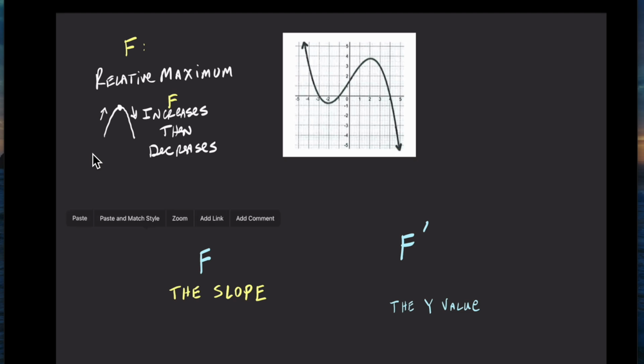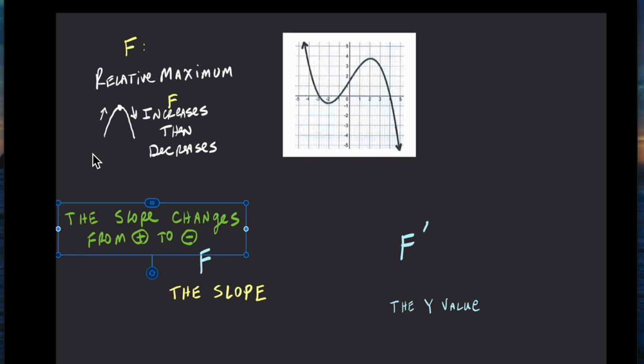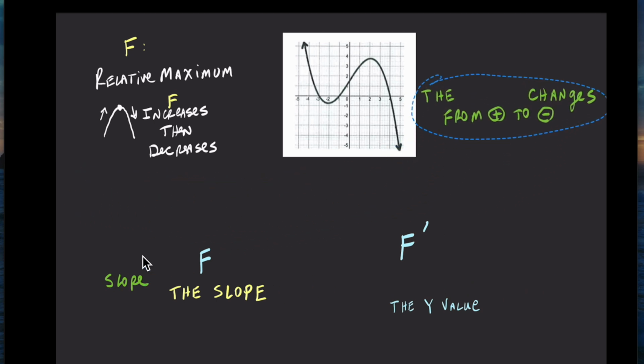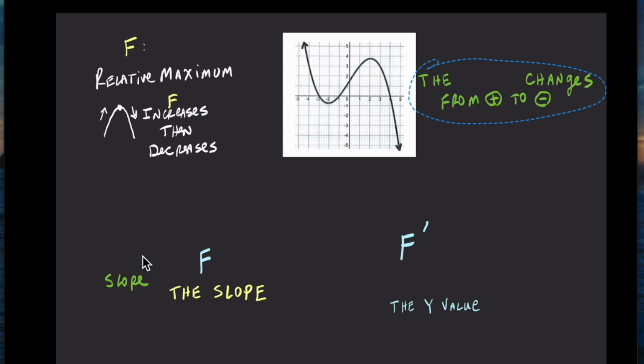That on the graph of f is the same thing as saying that the slope changes from positive to negative. Now that we got the word slope here, we could take the word slope out, take this phrase, move it to the f prime graph, and replace it with the words the y value.